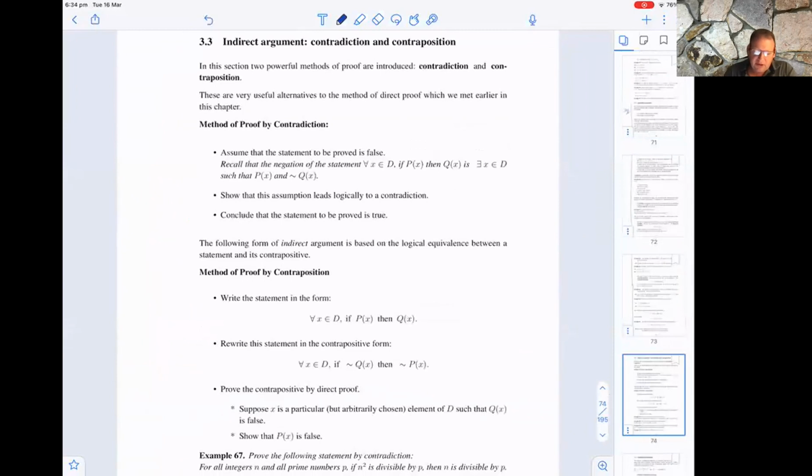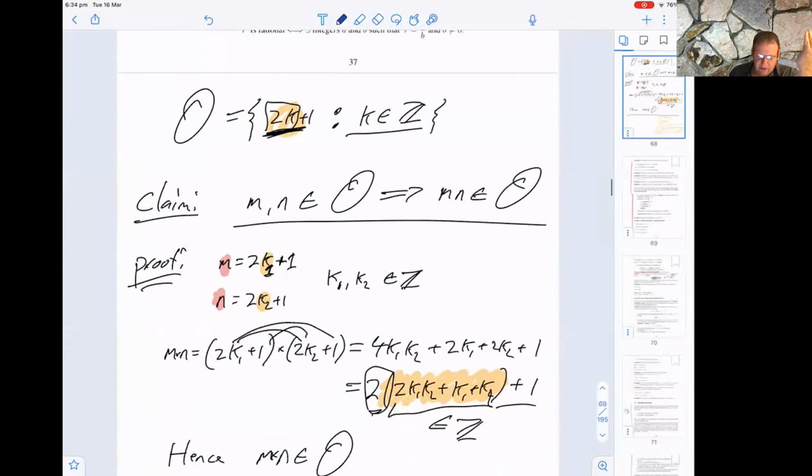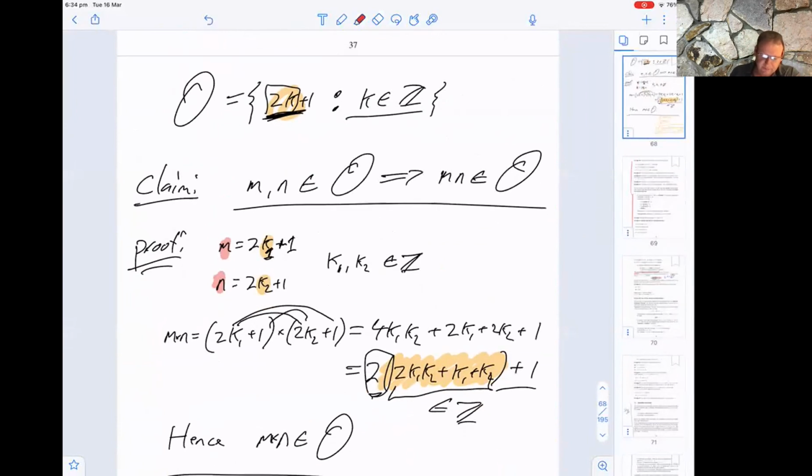So section 3.3, indirect arguments. When you speak about methods of proof, the method of proof we did here was in a sense a direct argument. We wanted to prove this claim, theorem, lemma or proposition: if these two numbers are odd, then their product is odd.